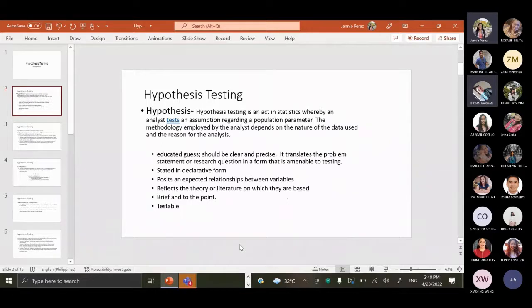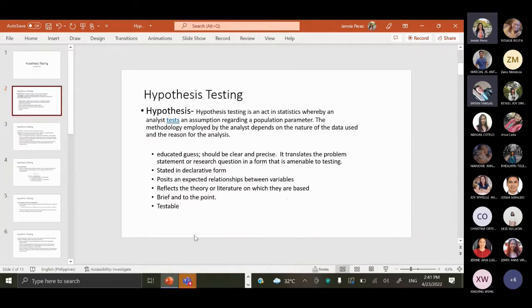hypothesis comes in. A hypothesis is stated in declarative form. So if the specific inferential question is stated in interrogative form, the hypothesis is stated in declarative form. So they are opposites. It's the same thing as your specific inferential problem.